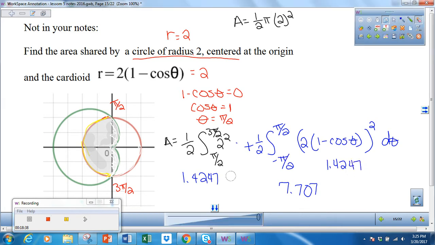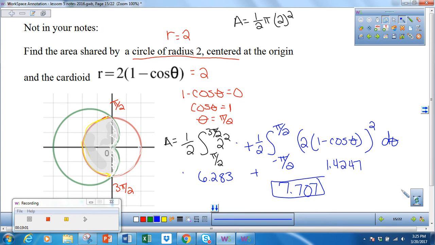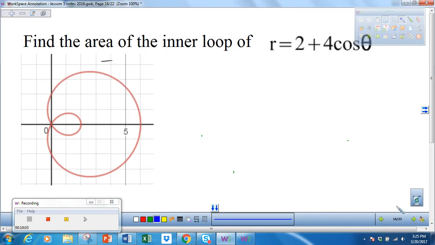And the circle is pi r squared, so the circle is 2 pi, which is about, what, 6.283? And those two together give me 7.707. Okay? Let's do another one. Okay, so now we're going to find the inner loop. I'm going to pause this and I'm going to do this in video 3.